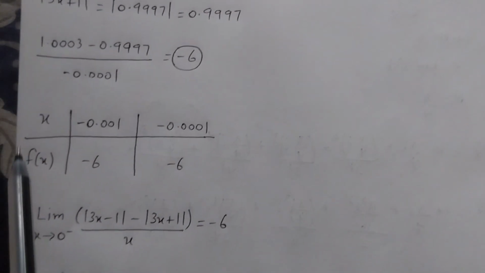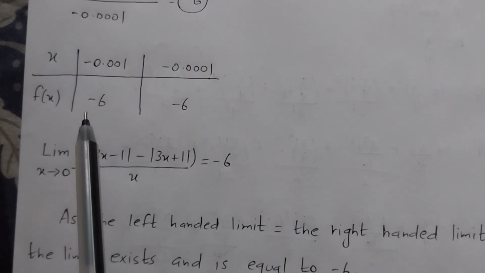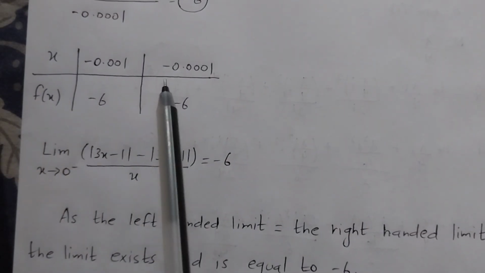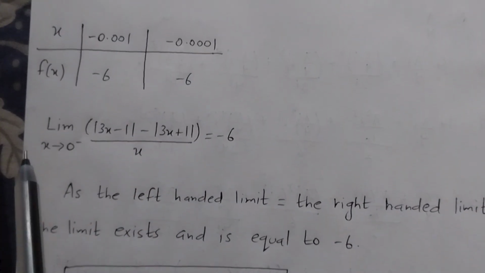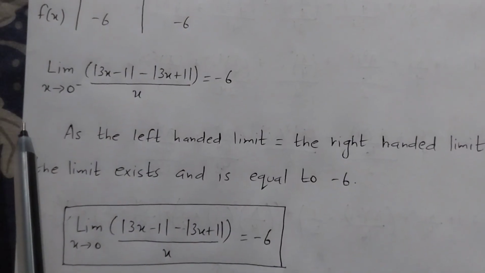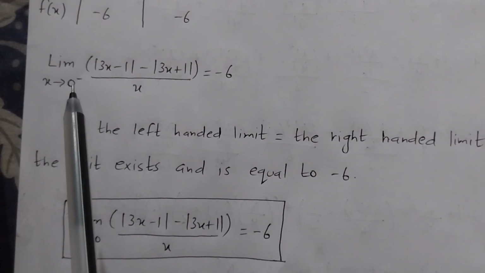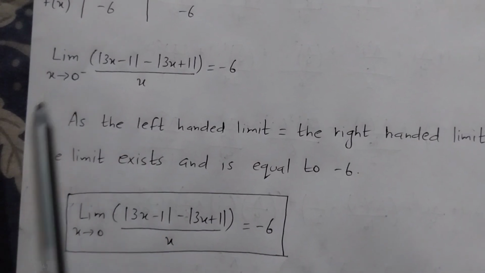So for x equal to -0.001, we get f of x equal to -6, and for this value we also get -6. So the left-handed limit is equal to -6, and this negative sign on 0 indicates that we are approaching 0 from the left hand side.